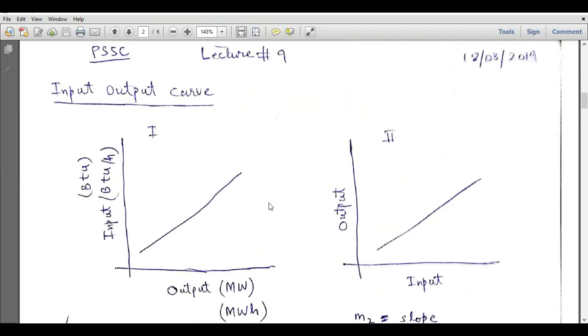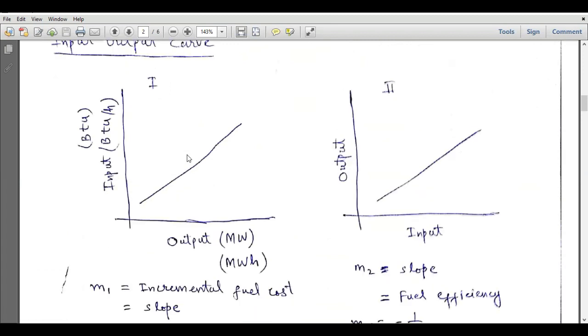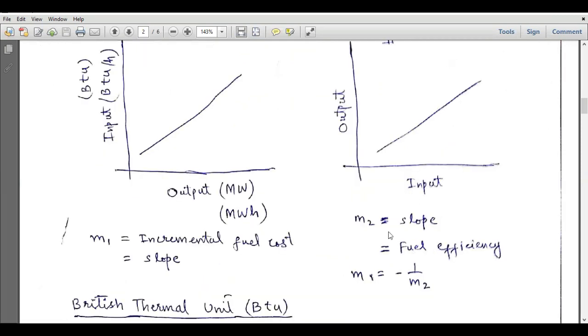So we have two types of curves, input output curve. And if we have input at the y-axis and output at the x-axis, then that curve will give us the incremental fuel cost. And if we have the output at the y-axis and input at the x-axis, then this curve will give us the fuel efficiency.